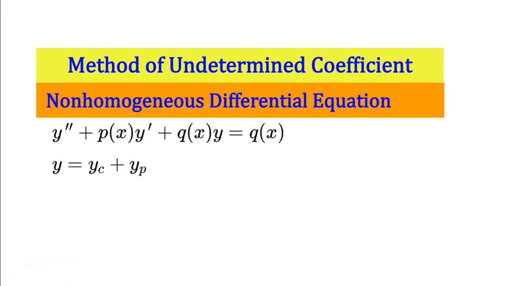So in finding the general solution for a non-homogeneous differential equation, we use the formula y is equal to yc plus yp. In this formula, yc represents the complementary solution, while yp stands for the particular solution.